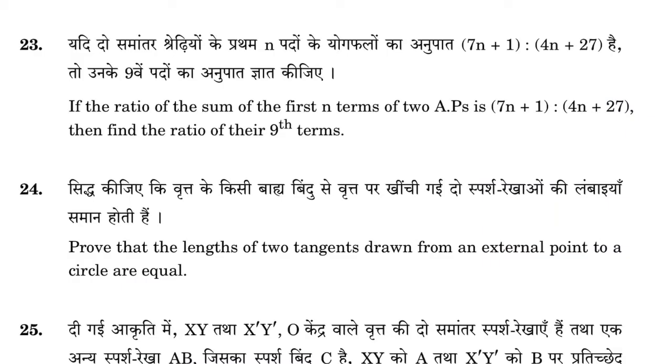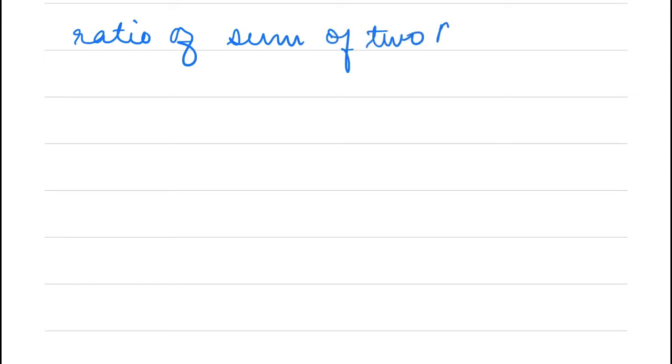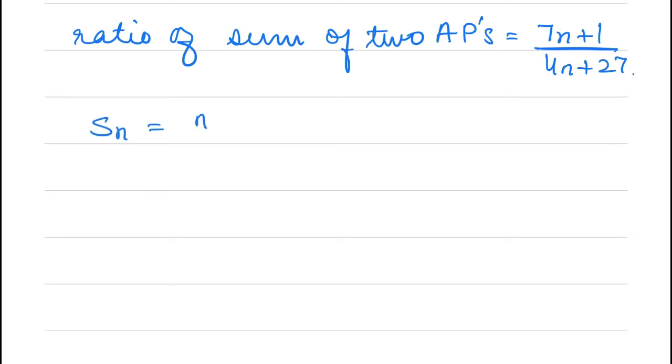Question number 23. In this question we are given a ratio of sum of two APs is 7n plus 1 by 4n plus 27. So we know sum of n terms is equal to n by 2 into (twice a plus (n minus 1) into d).